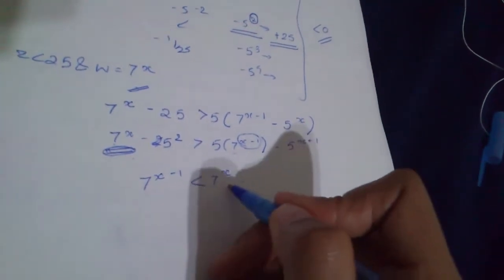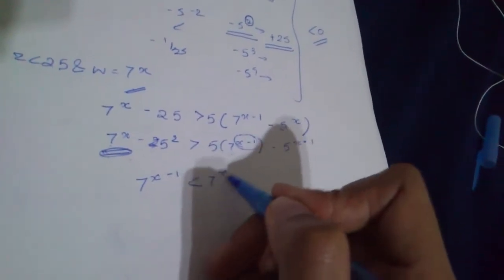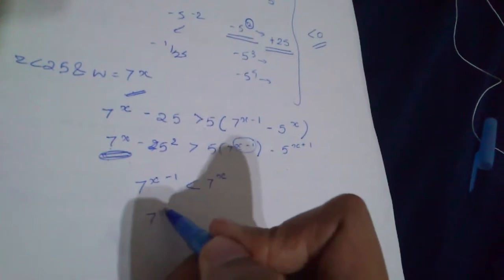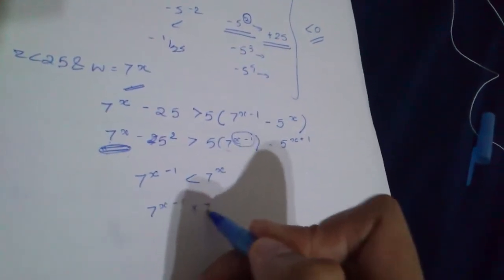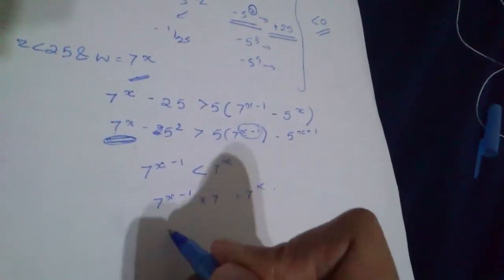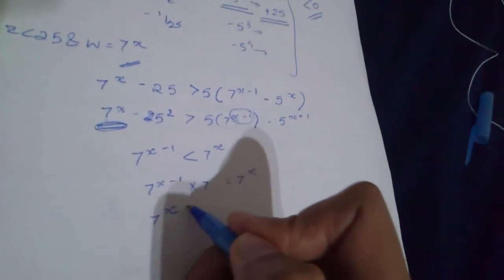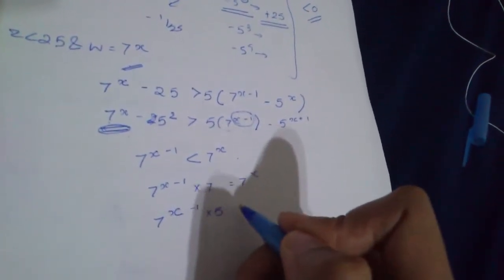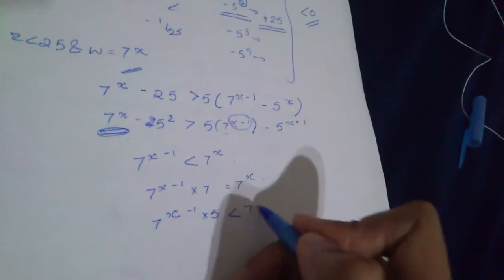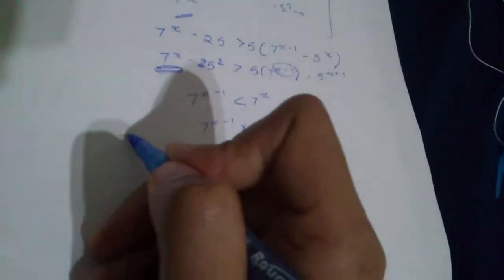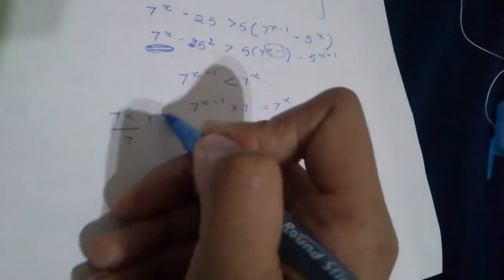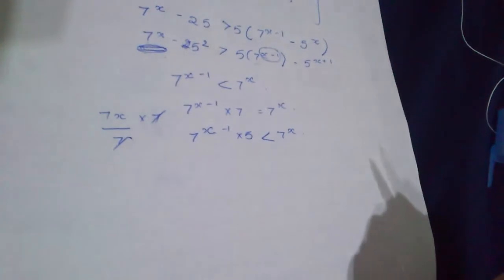However, here we have 7 raised to x minus 1 into 7, which is equal to 7 raised to x. However, if I write 7 raised to x minus 1 into 5, this is going to be less than 7 raised to x, right? We know 7 raised to x minus 1 is nothing but 7 raised to x by 7, into 7, so this is equal to 7 raised to x.